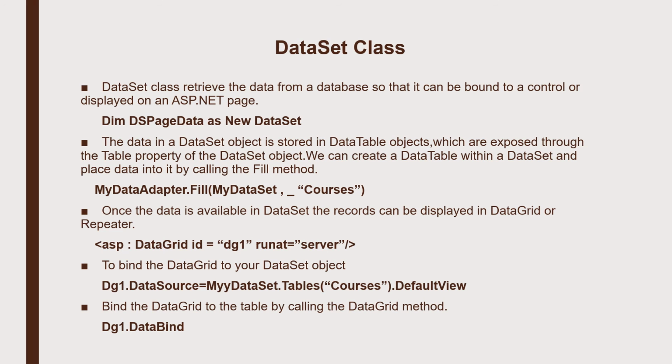The data in the dataset object is stored in data table objects, which are exposed through the tables property of the dataset object. We can create a data table within a dataset and place data into it by calling the fill method. So my data adapter dot fill, I'm calling the fill method: fill my dataset, courses. Once the data is available in the dataset, the records can be displayed in a data grid or repeater.